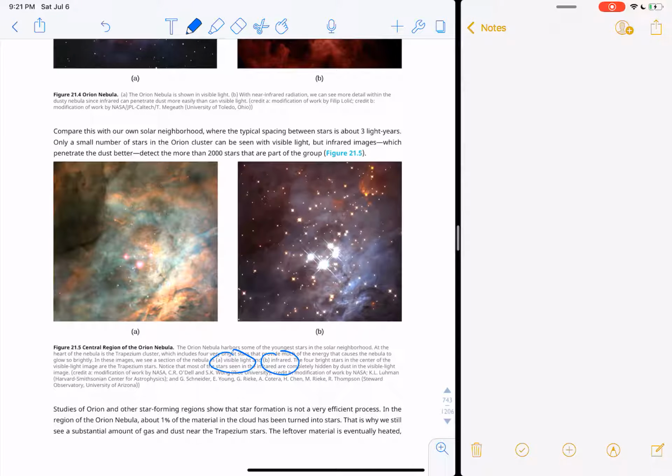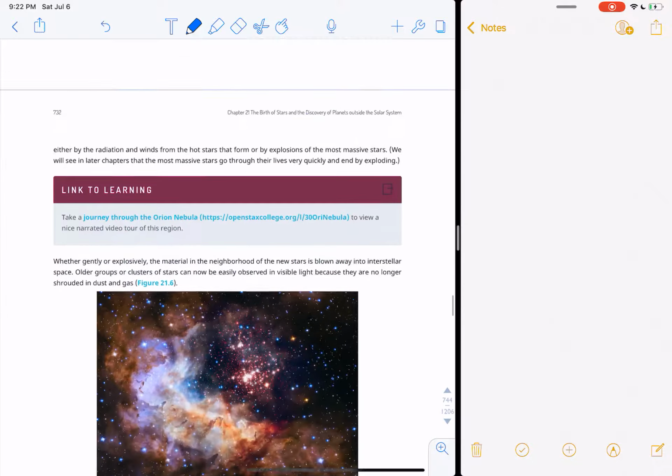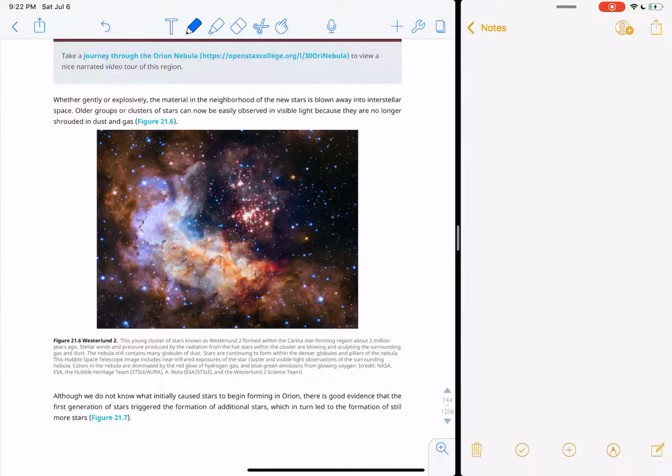So remember, visible light gets absorbed by gas and dust, so it's hard to see through it. But in infrared, look at these baby stars here, very bright, being formed right there. So you can see star-forming regions right there. Okay, Westerlund 2, really cool image. Look at all these stars, all the different colors, a bunch of them there, continuing to form in that region.